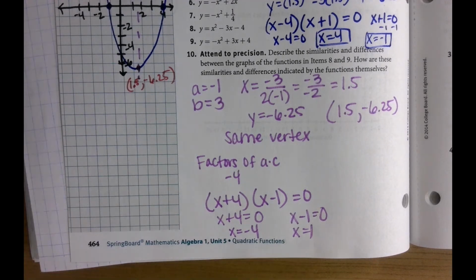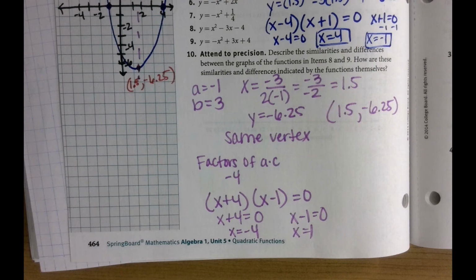Hold on. Now, I am just not sure that I did this correctly. You know what? I'm noticing my vertex is wrong. I'm not thinking straight right now, so I did something wrong.